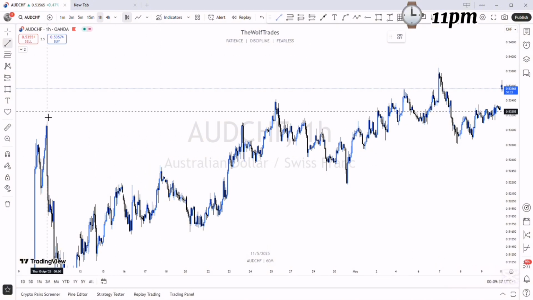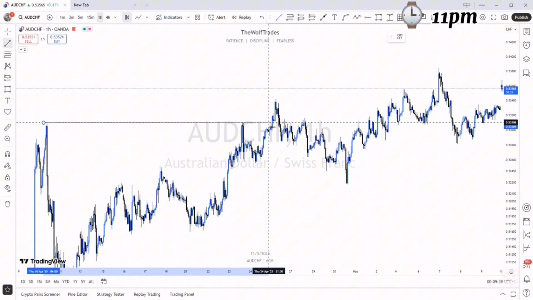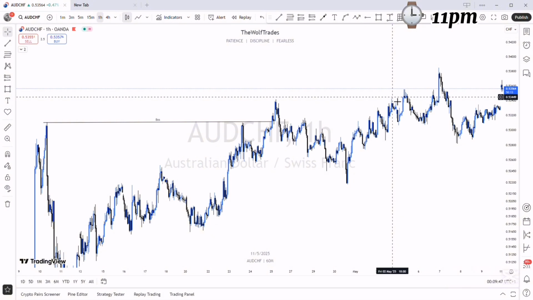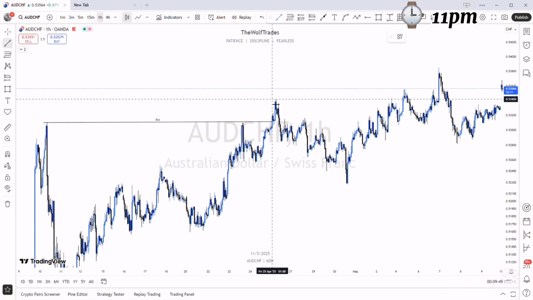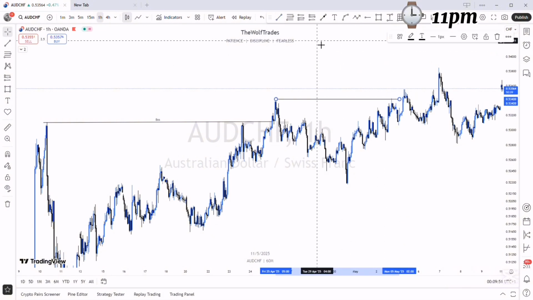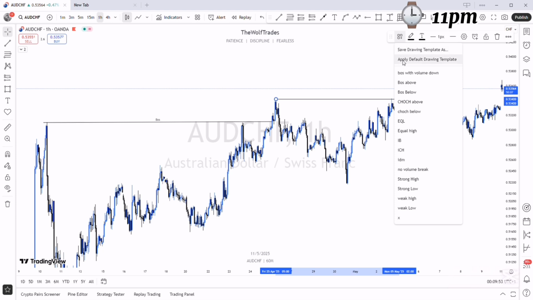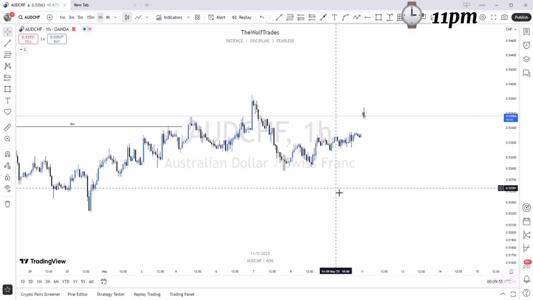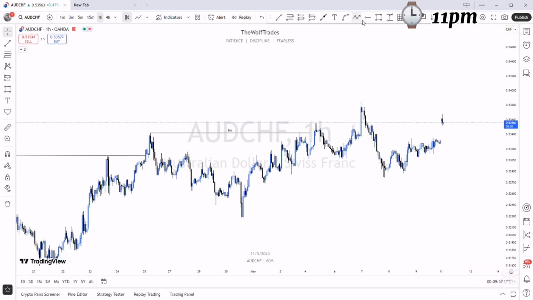So that's my break of structure, and my break of structure. Another break of structure. So yeah, and another break of structure. So that's my swing high and my swing low.